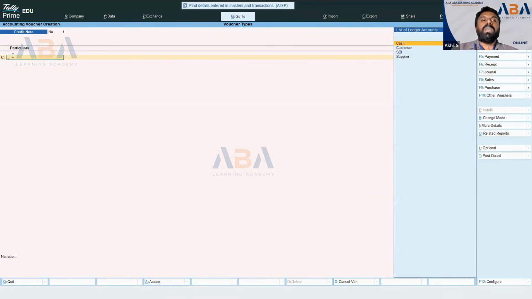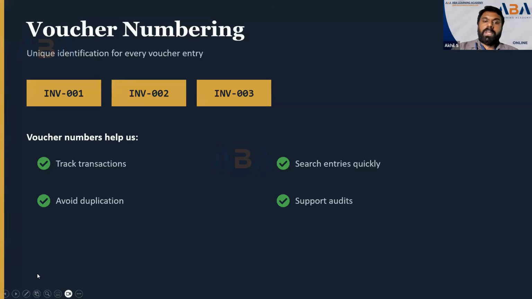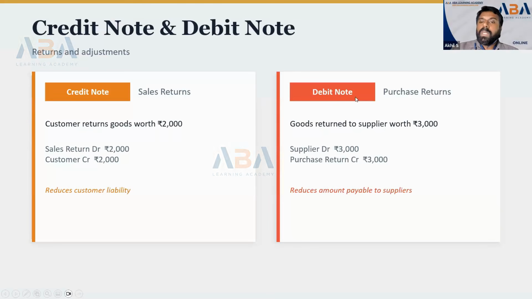Here you can also see it is in double entry mode. If you want to go to debit note, the shortcut key is Alt F5. So Alt F5 is for purchase return or debit note, and Alt F6 is for sales return or credit note. Credit note is sales return, and debit note is purchase return.